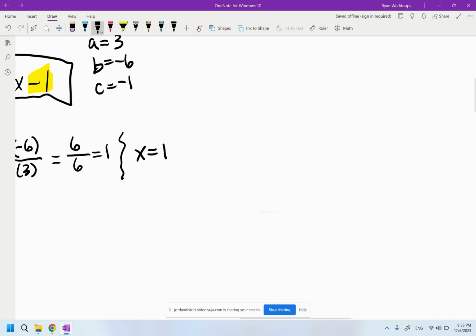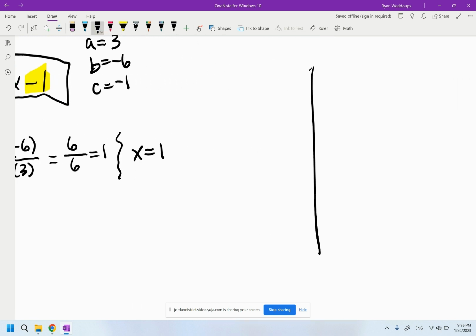So I'm going to kind of start graphing already here. I've got this line here. This is my y-axis, and this is my x-axis. I'm going to call this point 1, and here's 2, and there's 3, negative 1, negative 2. And then I've got negative 1 in y, negative 2, negative 3, negative 4, negative 5, negative 6.